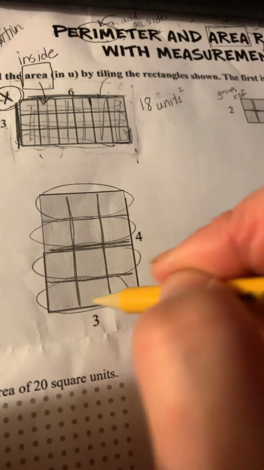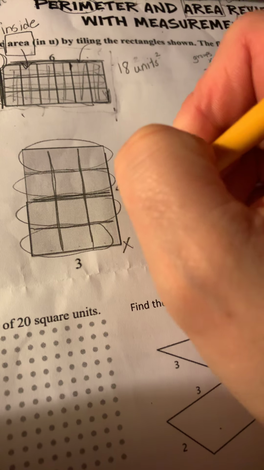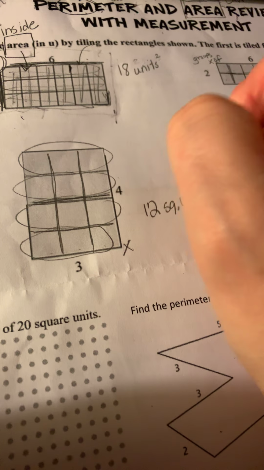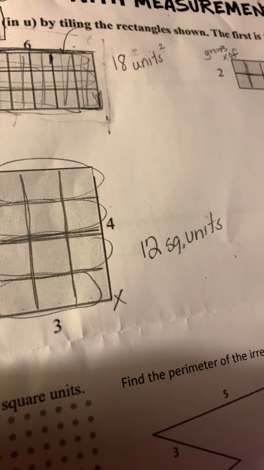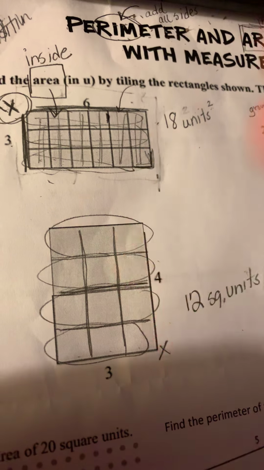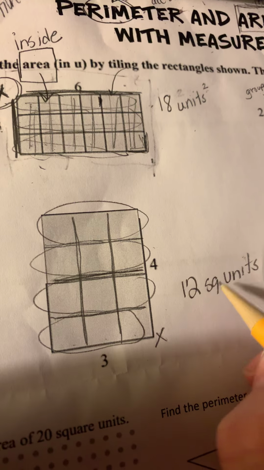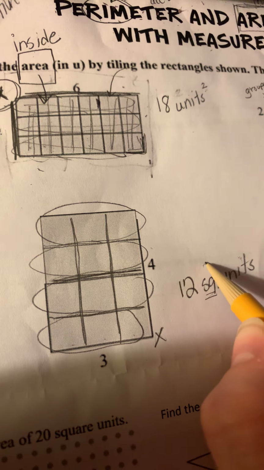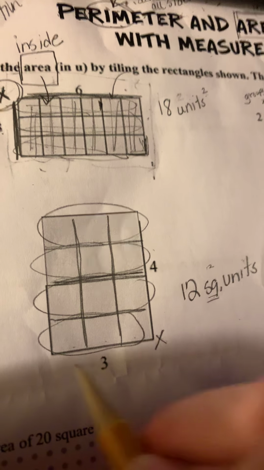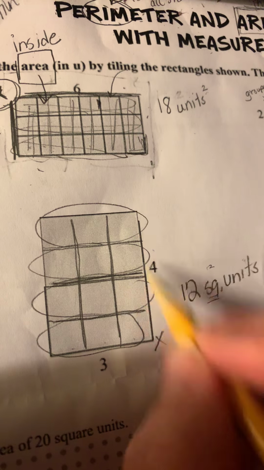Well, I see 1, 2, 3, 4 groups of 3. 4 groups of 3 is also 12 square units. Why are we writing square? Right, because area, if you're talking about something 2D, flat, it has two units, lengths and widths.